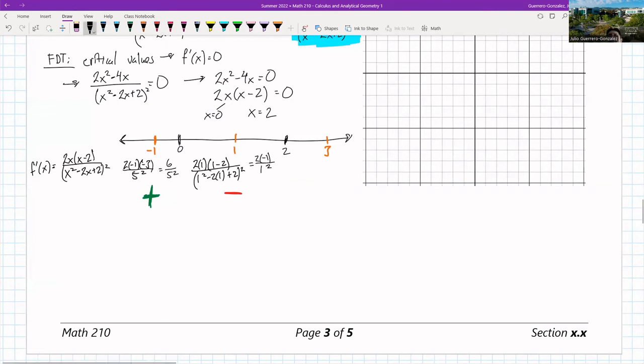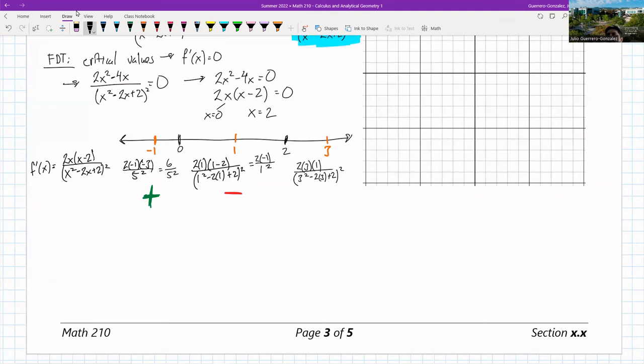Next one, let's do 3. It's 2 times 3 times (3 minus 2), so that's 6 times 1, all over (3 squared minus 2 times 3 plus 2) squared. 2 times 3 is 6, 9 minus 6 is 3, plus 2 is 5 squared.